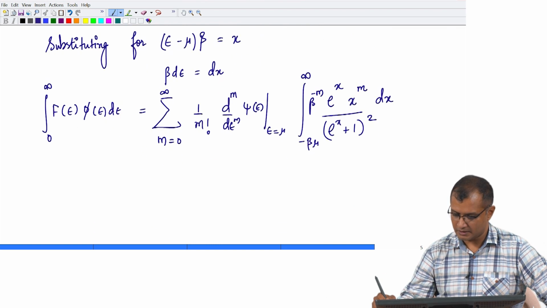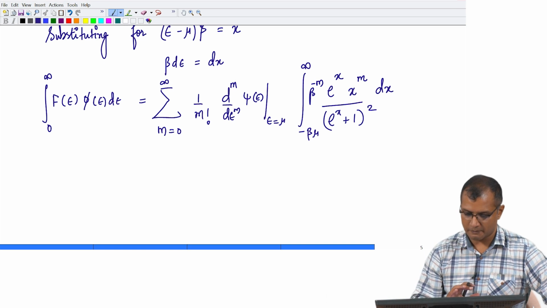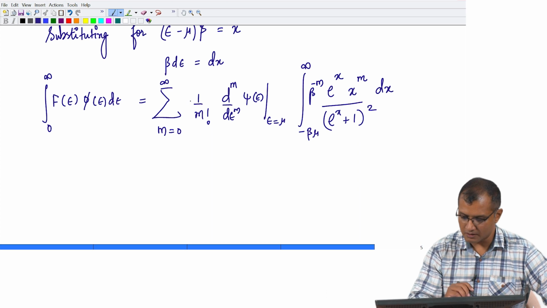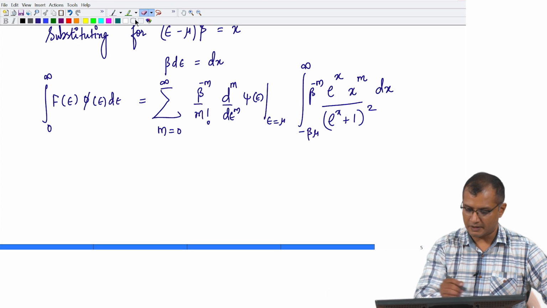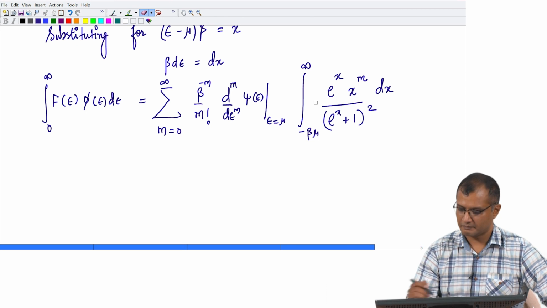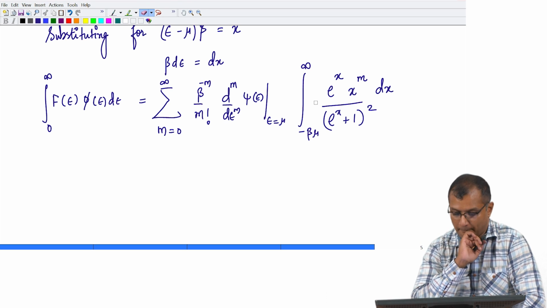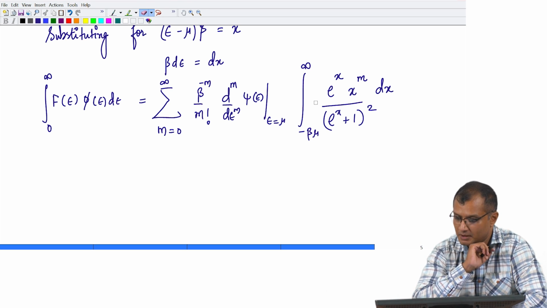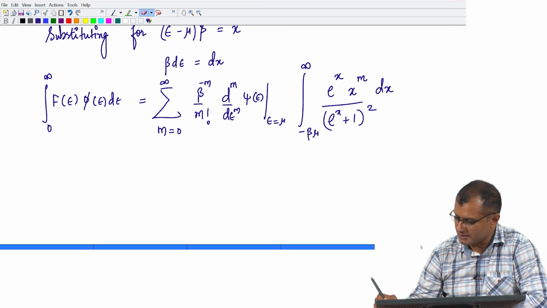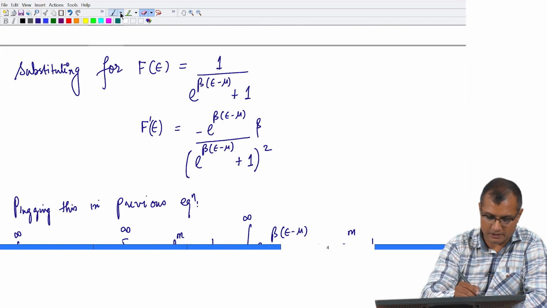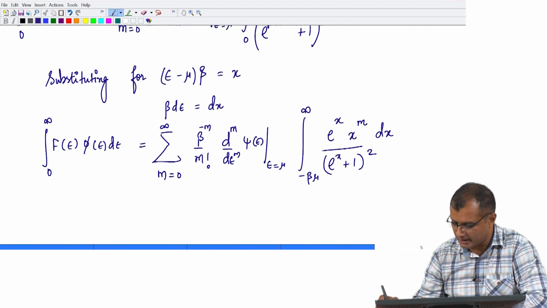So, since beta is a function that is independent of x, I am going to write down this outside, okay, and remove it from here. It is only a function of m. Okay. So, now we can solve this integral. Let us put a label on it. We are at 9. So, let us put the label 10.